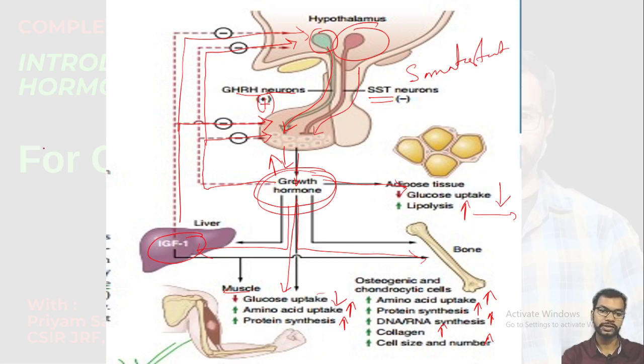Suppose some person is taking growth hormone from outside, so it will be known as exogenous growth hormone. From the outside of the body, someone is taking growth hormone, so it is exogenous growth hormone.